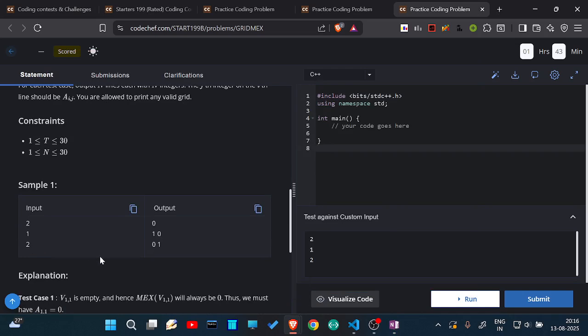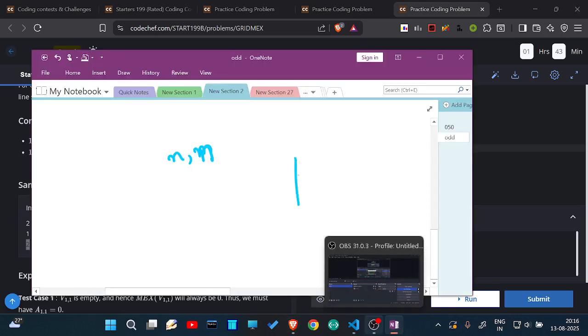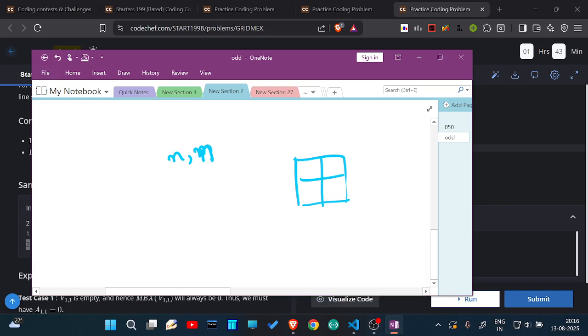Suppose I have to construct a grid for n equals 2. How can I construct a grid of 0, 1, 2, 3, and up to n minus 1.